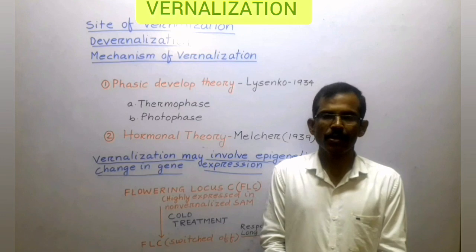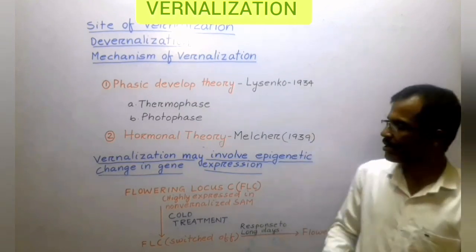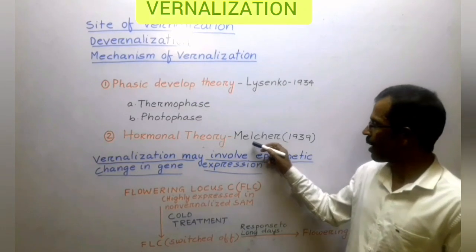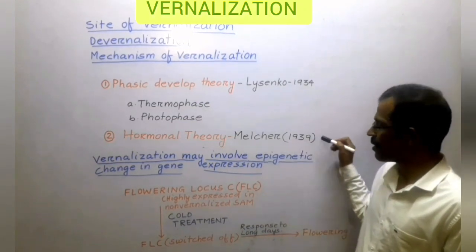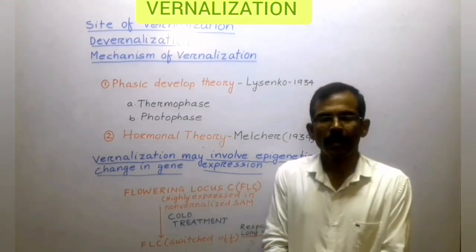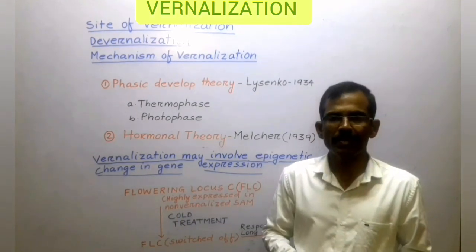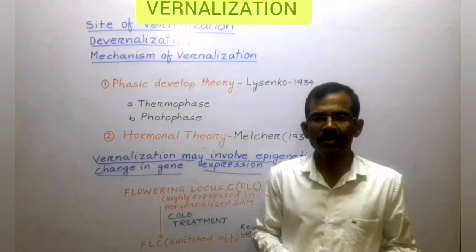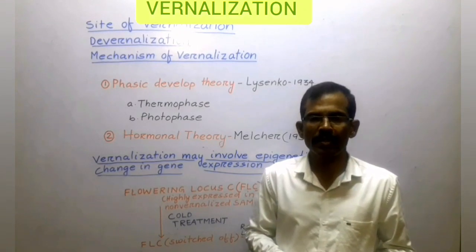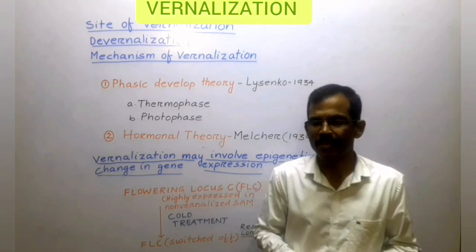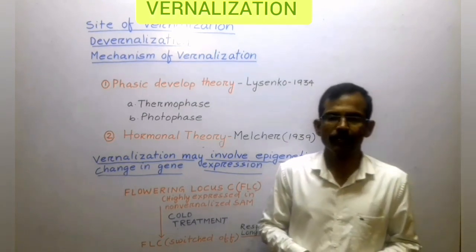The second theory of vernalization is hormonal theory, which was proposed by Meltzer in 1939. According to this theory, in response to cold treatment, plants synthesize a hormone-like substance termed as vernalin, which induces floral transition.